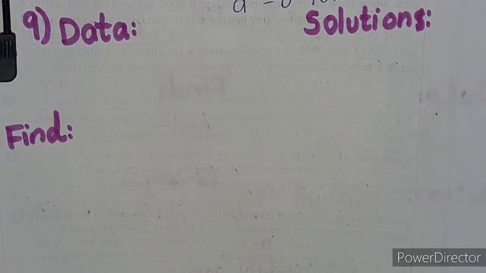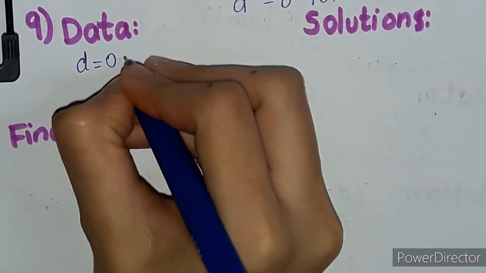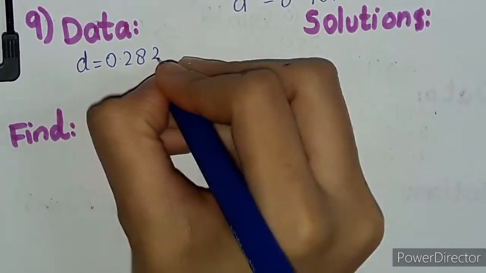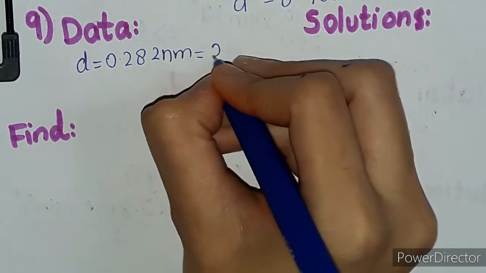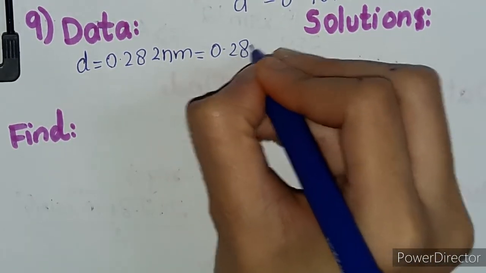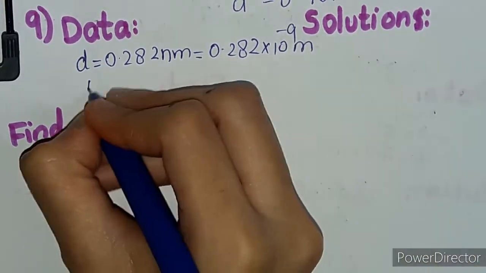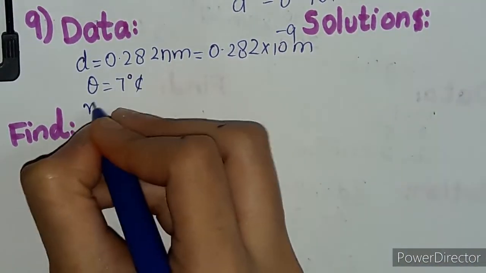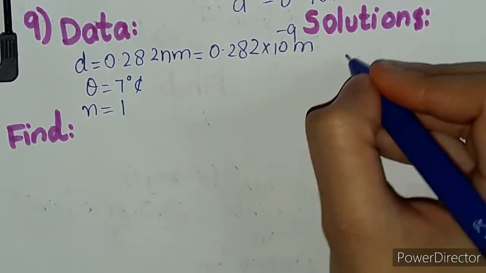In the data, the value of d is 0.282 nanometer. Convert it to meter: 0.282 times 10 to the power minus 9 meter. The value of theta is 7 degrees, the value of n is 1. We have to find the value of lambda.